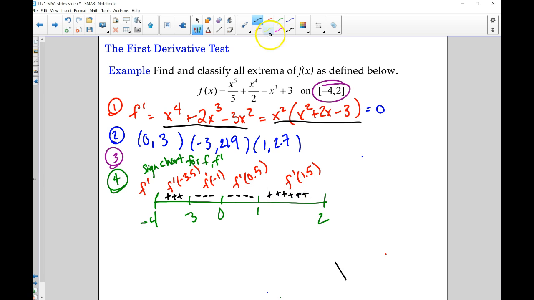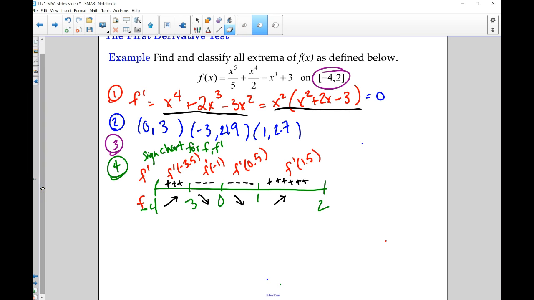Okay, so in terms of f now, just a reminder that if it's positive, that means the function's increasing. Here it's decreasing, decreasing, and then increasing. Now I think I have enough to classify the local extrema. If it switches from increasing to decreasing, that's going to be a hill.